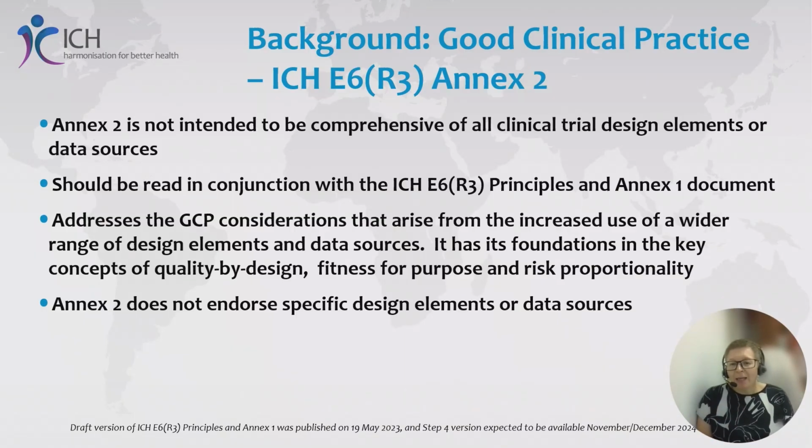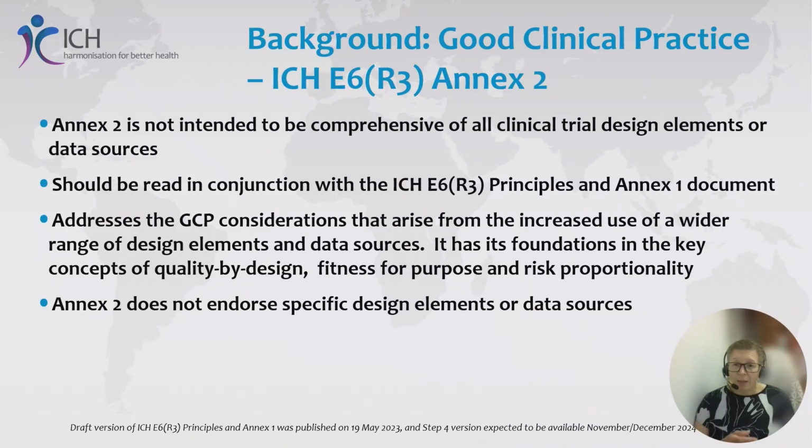You do need to read Annex 2 in conjunction with the principles and Annex 1, because there are no new requirements in Annex 2. It's just giving you some considerations for these different types of trial design elements and data sources.